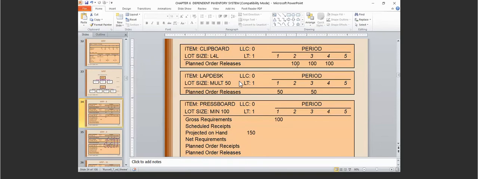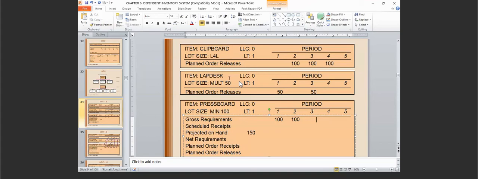So 100 multiplied by 1, so we have a quantity here of 100 units.